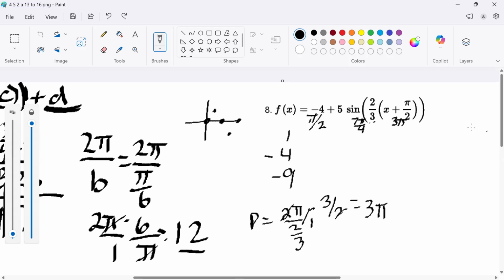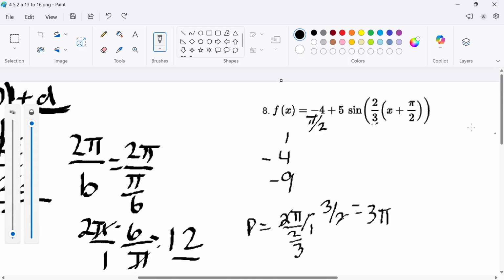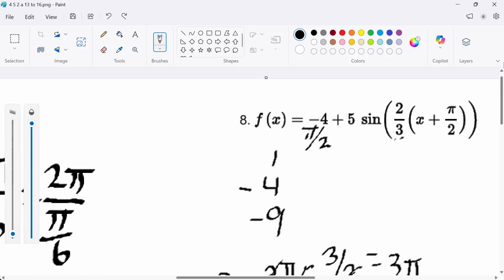Oh, wait, I did that wrong. Why didn't you tell me this when I started? Remember, it's 3 pi from pi over 2. So 3 pi is 6 pi over 2 plus pi over 2 is 7 pi over 2. Okay, and now 7 pi over 2 plus pi over 2 is 8 pi over 2. So halfway between that is 8 pi over 4 or 2 pi.